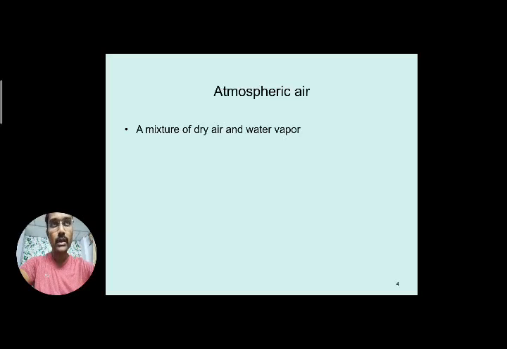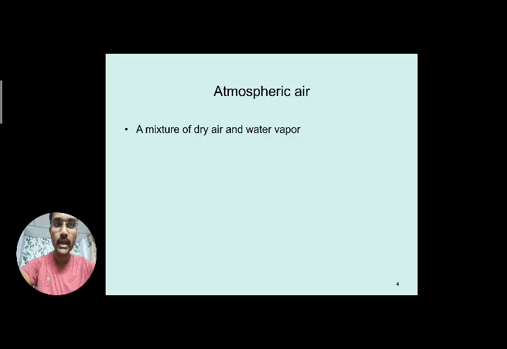If you want to study psychrometry, before that you have to know about atmospheric air. Whatever air is present in the atmosphere, if you observe, in some seasons or at different places, there will be a change in the combination of dry air and water vapor.